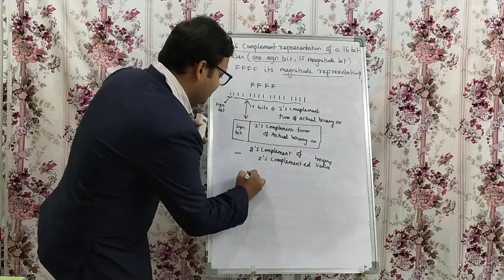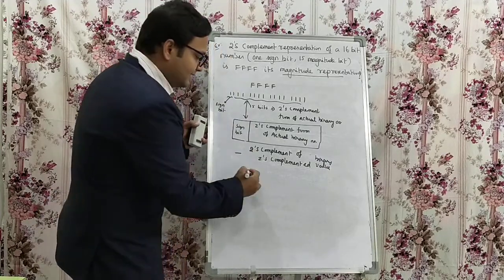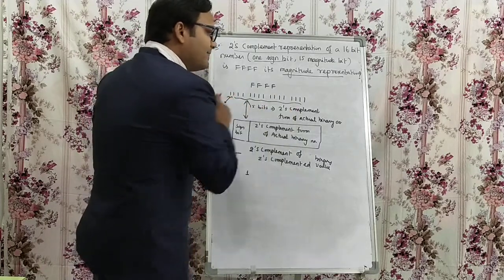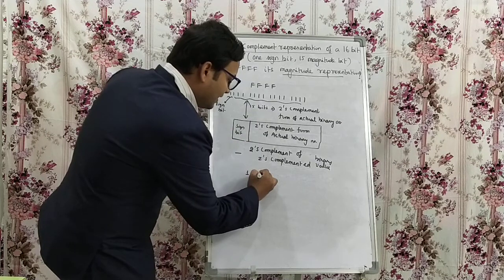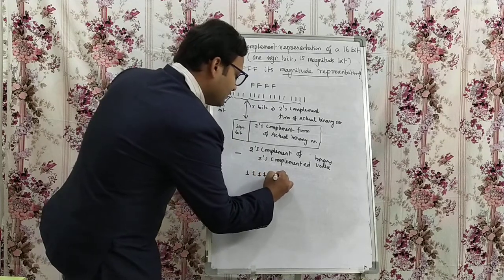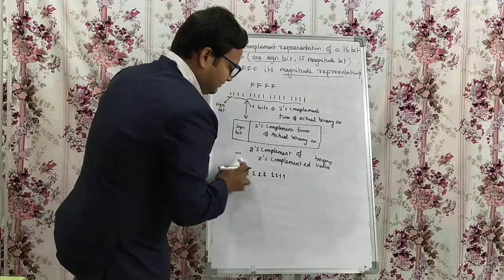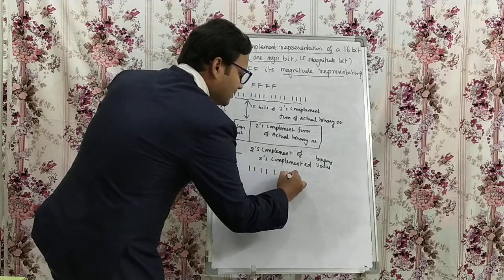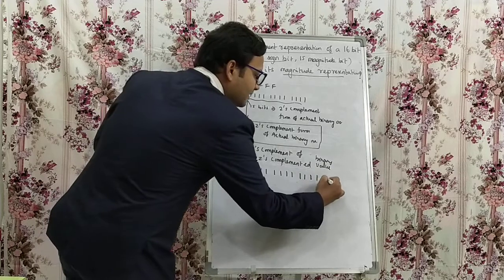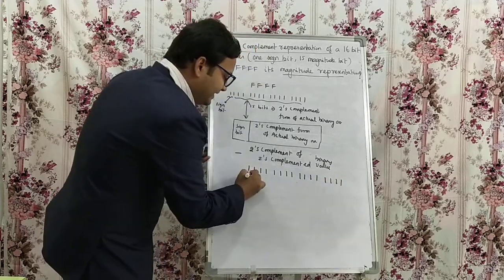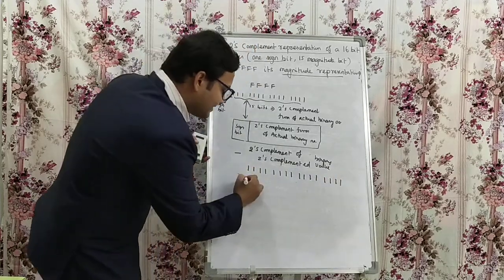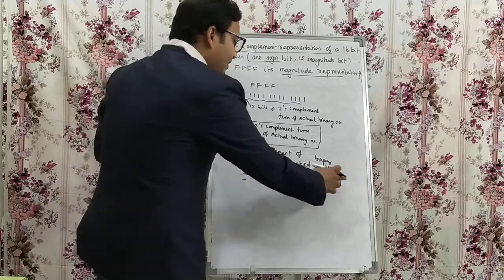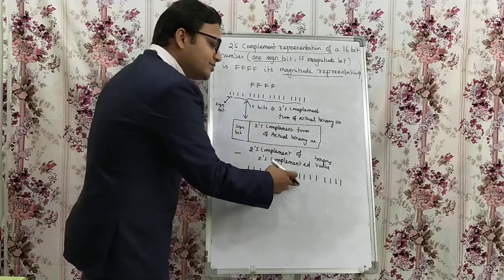Here it is 1, I will keep it as it is. First I have to find the 1's complement of the remaining 15 ones: 1 1 1 1 1 1 1 1 1 1 1 1 1 1 1. And this bit is the actual sign bit, which is nothing else, negative. Negative sign.